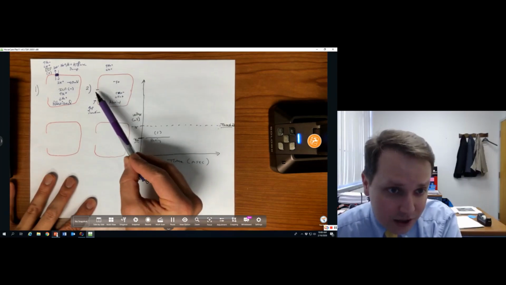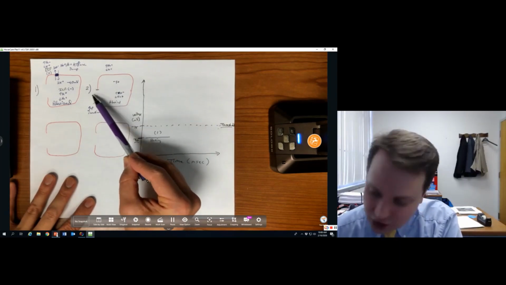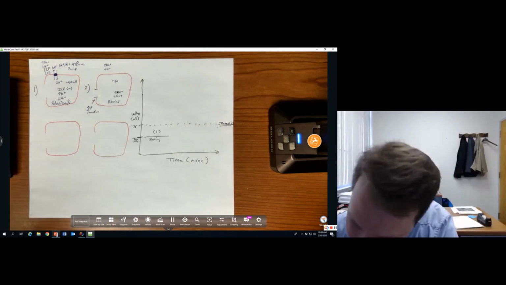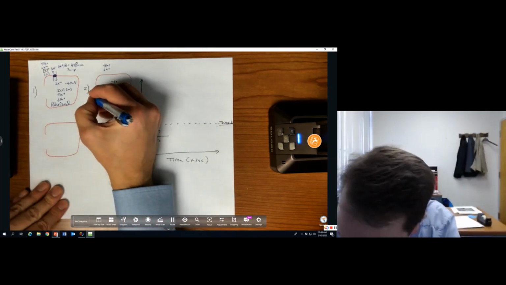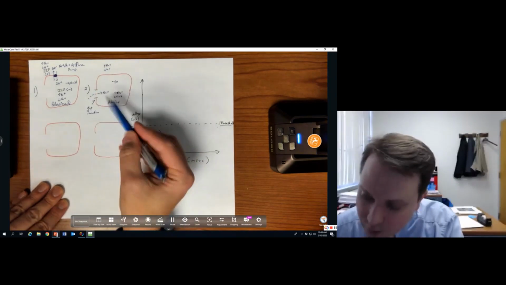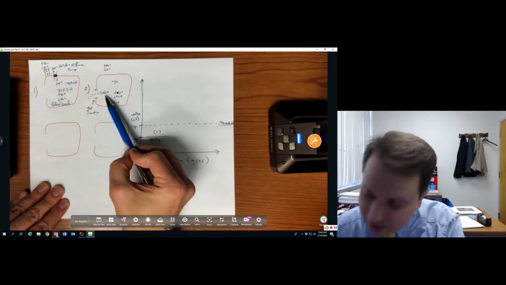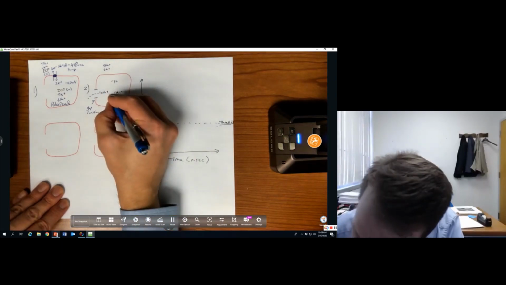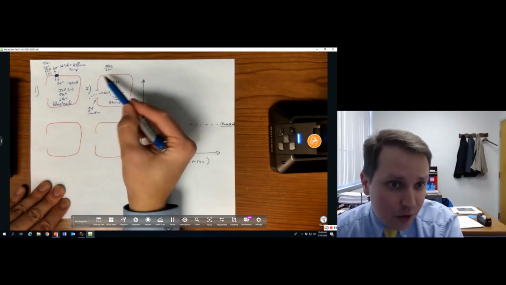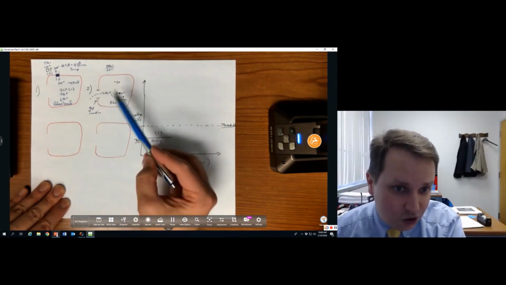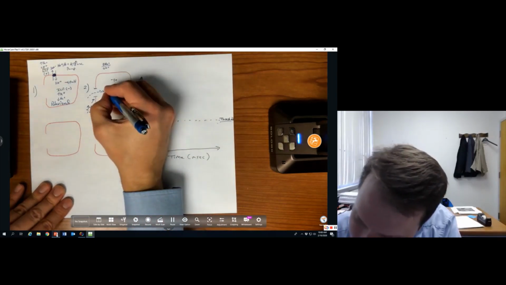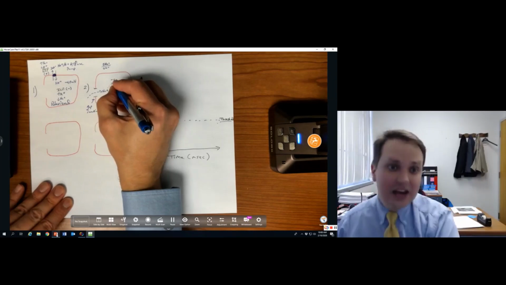Remember, a gap junction is a type of intercellular junction that allows ions and other things to pass through. So what's going to happen here is through this gap junction, you're going to start to have sodium ions diffusing in. Why? Well, one reason is it's attracted to the low sodium, high to low, simple diffusion through the protein, facilitated diffusion. The other thing is sodium is a cation, and it's attracted to the negative charge there.